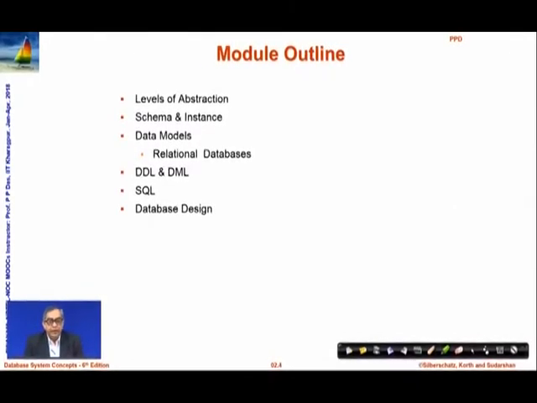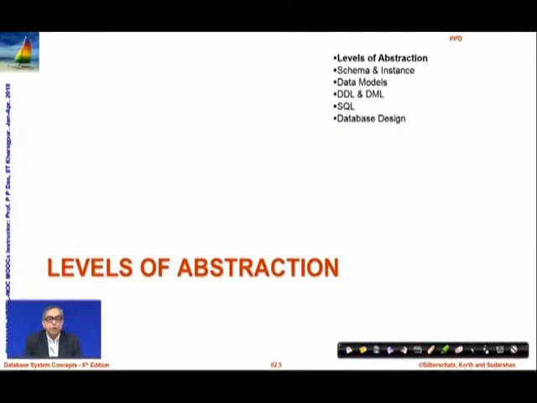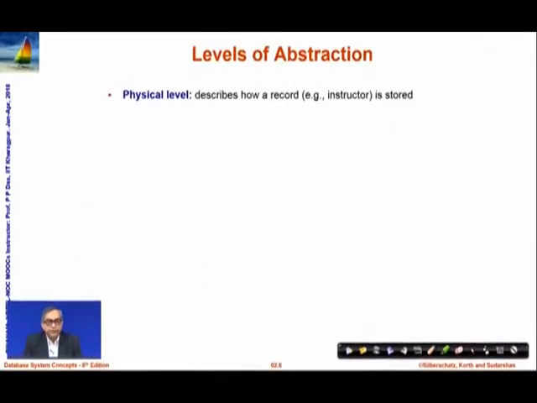So, the module outline would be like this, and as we go along you will be able to follow which particular aspect of this outline we are discussing. To start with, we talk about levels of abstraction.